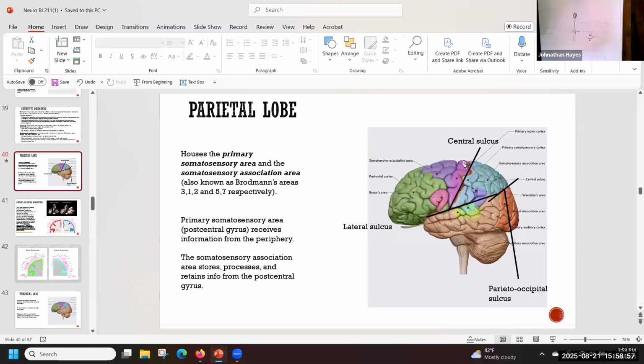The cortex is just like the outer covering or the outer gray matter of the brain. I don't want to make it confusing, but here's the precentral gyrus. It's in charge of your voluntary motor function. So when it sends signals down from the primary motor cortex, that's where the word cortico is coming from.